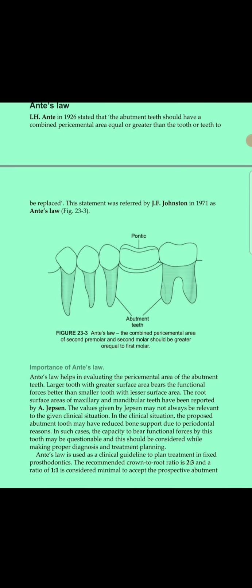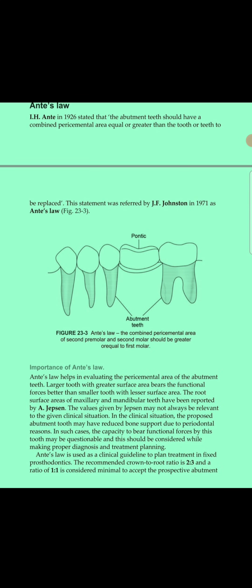Now, what Ante's law says is that the combined width of the roots of the first premolar and second molar should be equal to the width of the first molar which we are replacing, or should be greater, in order to support that tooth.